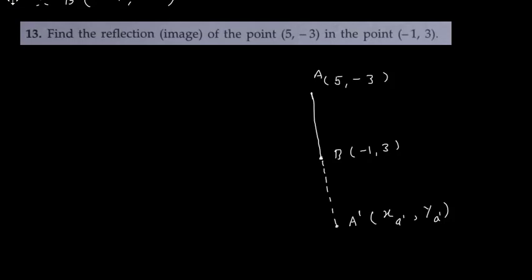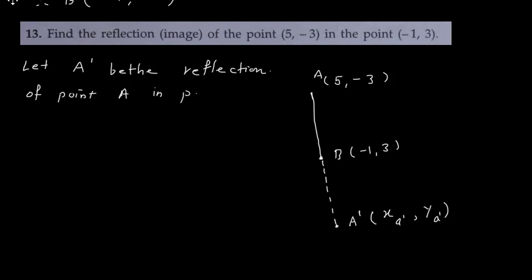So here I will say, let A dash be the reflection of point A in point B. So B is the midpoint of A dash.